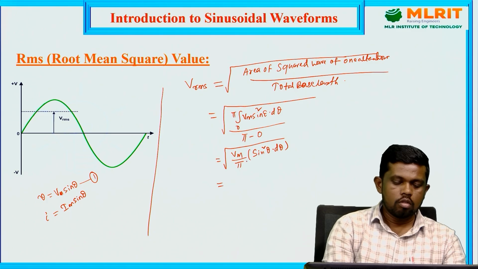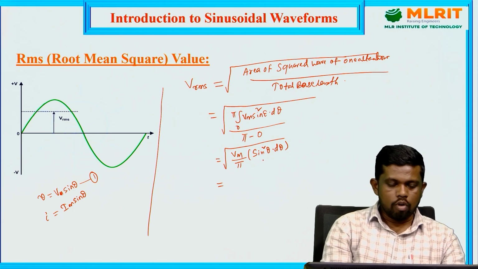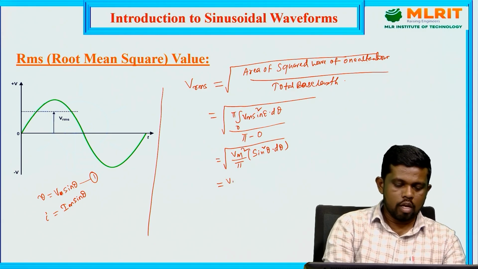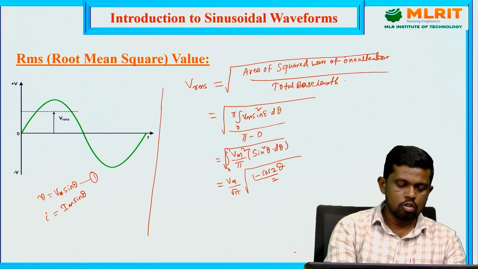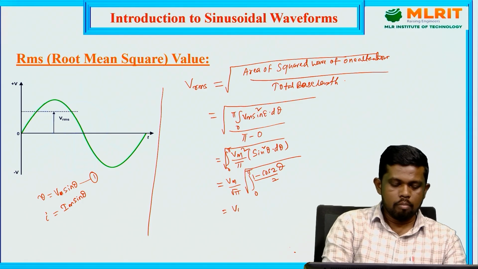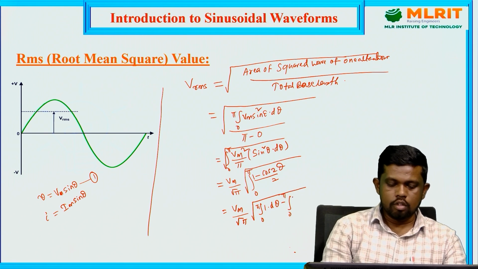We write Vm square outside as Vm by root pi, then the square root of the integral. If we replace sin square theta with 1 minus cos 2 theta by 2, the integration is from 0 to pi: integral 0 to pi of 1 d theta minus integral 0 to pi of cos 2 theta by 2.